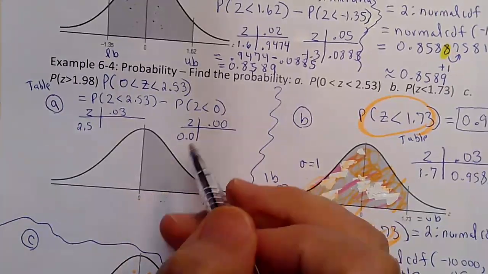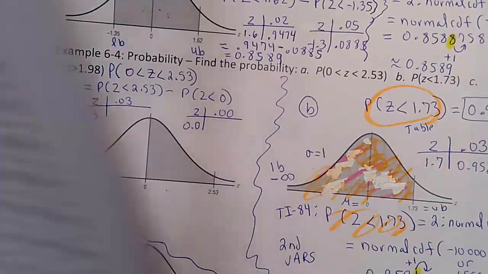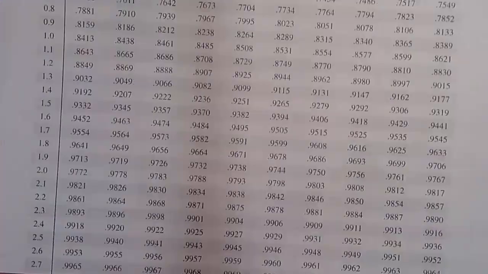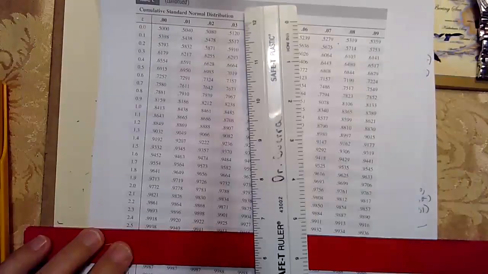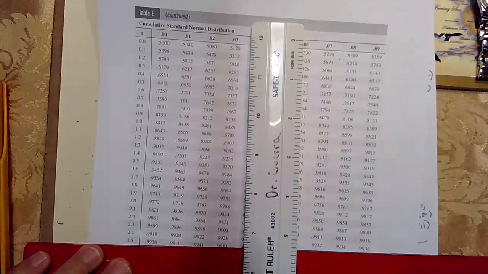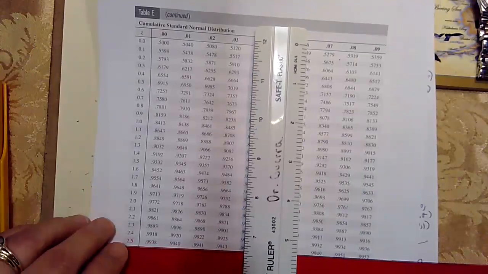Now when I look those up on the table, 2.5 and 3, see that number right there? 0.9943.